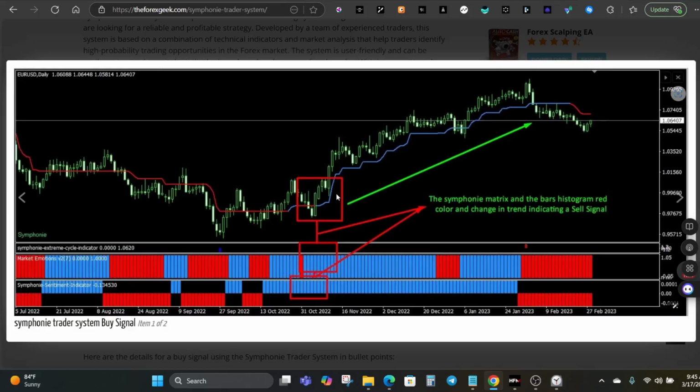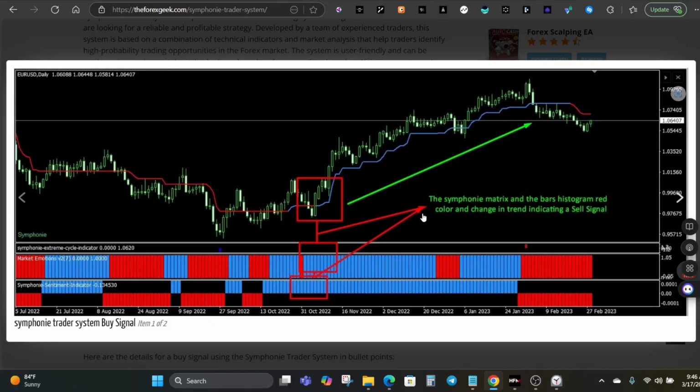And then we have this super trend like indicator that gives you buy signals when it is blue and sell signals when it is red.